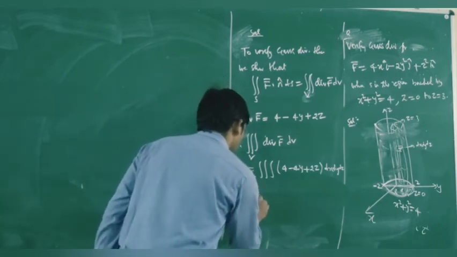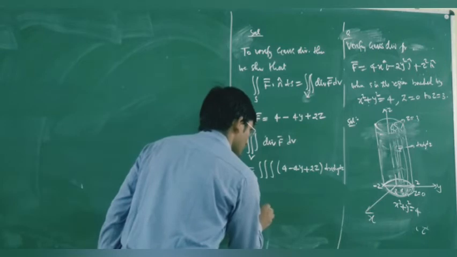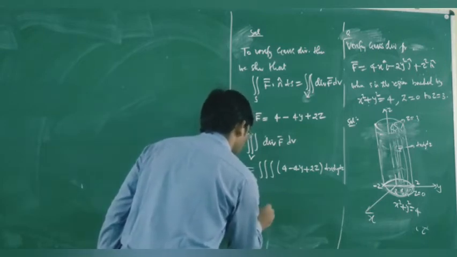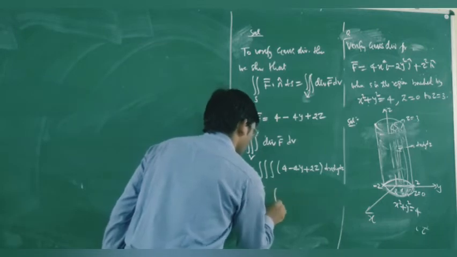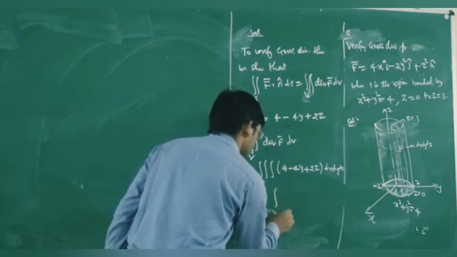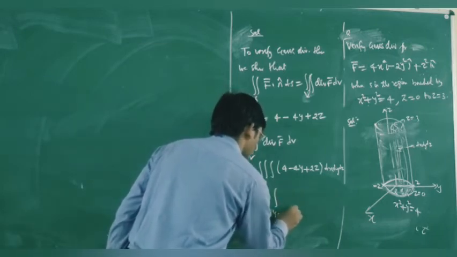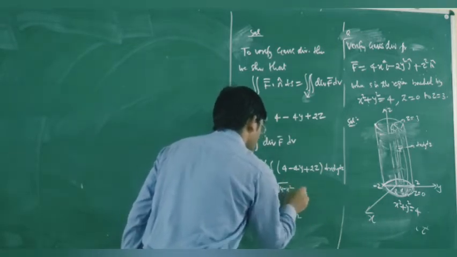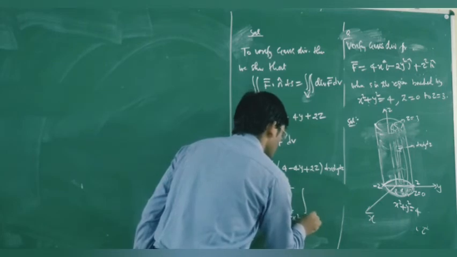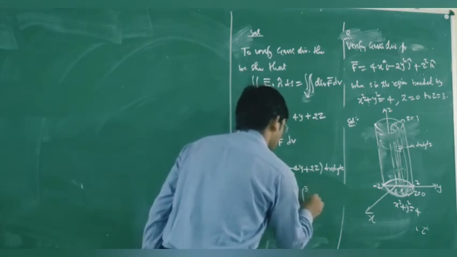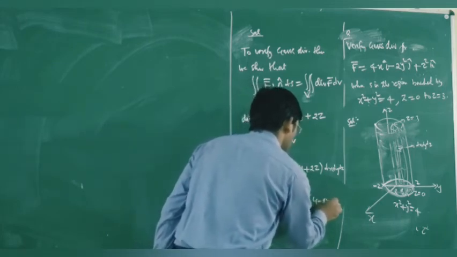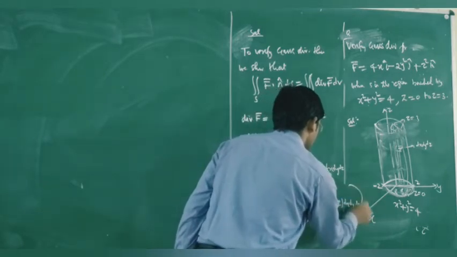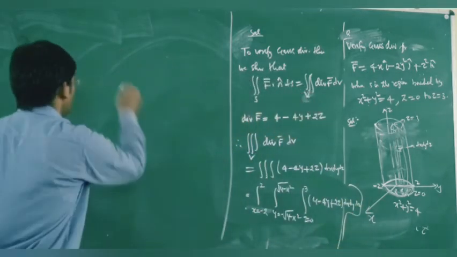So x will be from minus 2 to plus 2, y will be from minus root of 4 minus x squared to root of 4 minus x squared, and z will be from 0 to 3, with the integrand 4 minus 4y plus 2z dx dy dz.